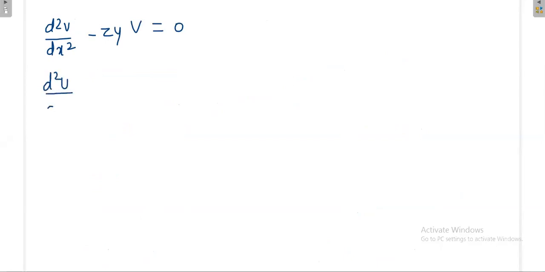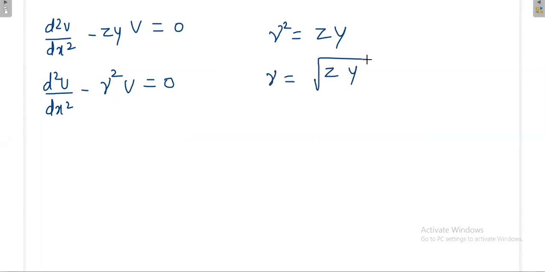This is the format of the wave actually, since we are representing wave propagation in a transmission line. So ZY I can write as some new term, gamma square. Gamma square is equal to the product of Z and Y. Then gamma is equal to square root of ZY.